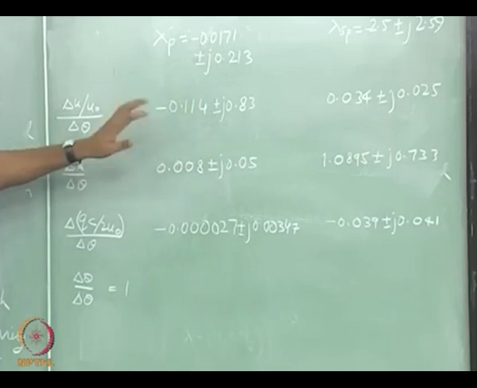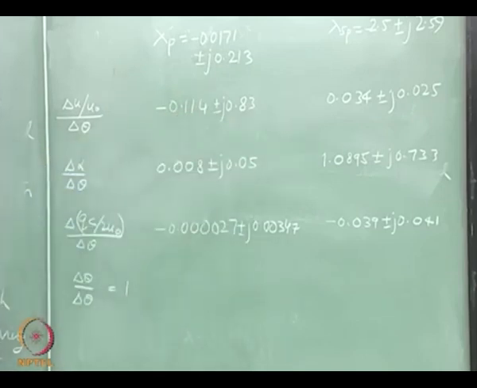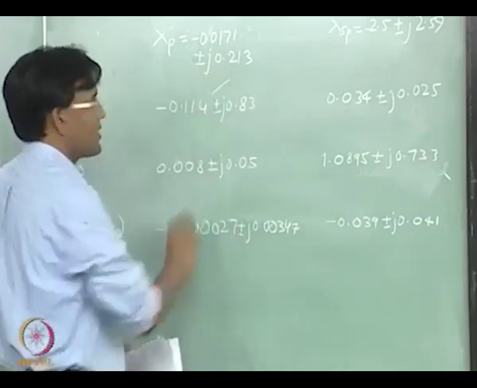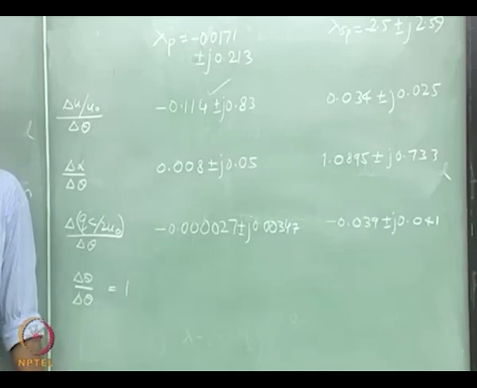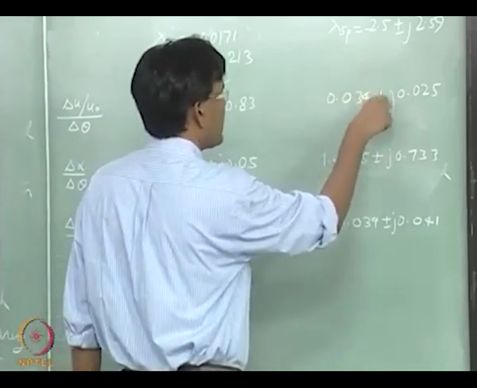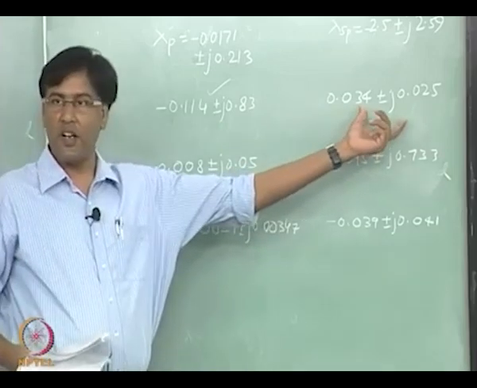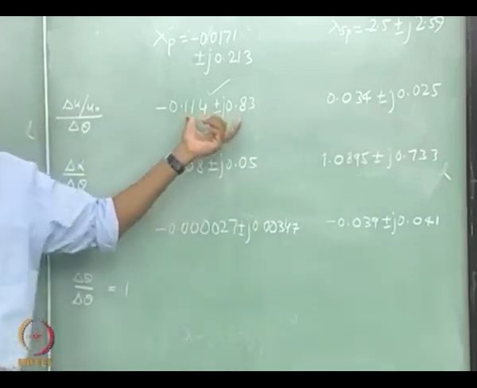I am solving an eigenvalue problem and then arriving at this set of eigenvectors. So, this was a correct assumption that you can keep the delta u as a variable for the phugoid mode and probably neglect that delta u in the short period mode, because this magnitude is very low as compared to this magnitude.